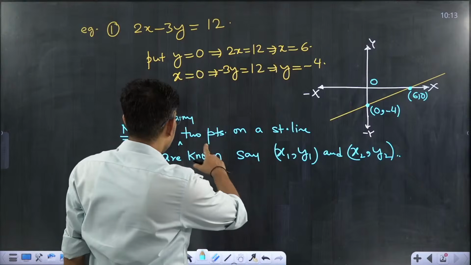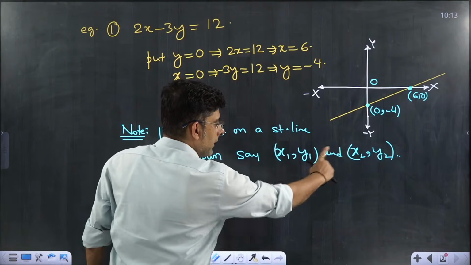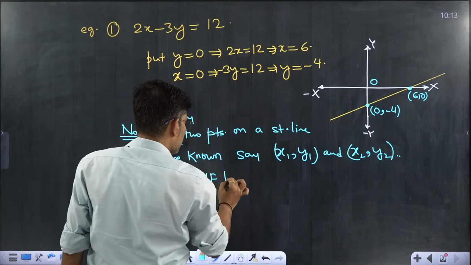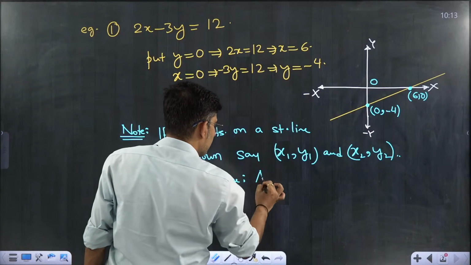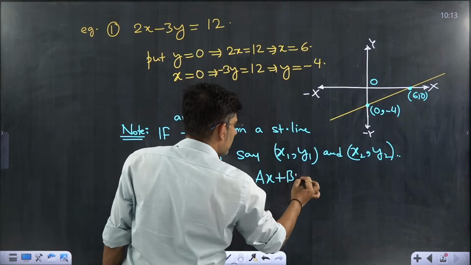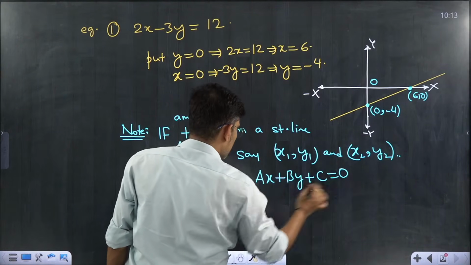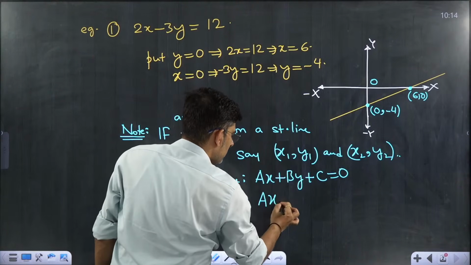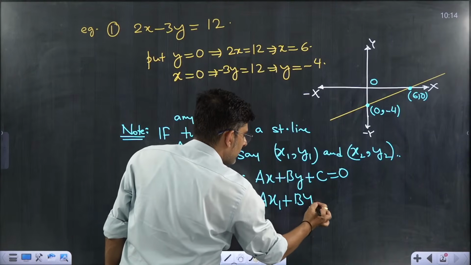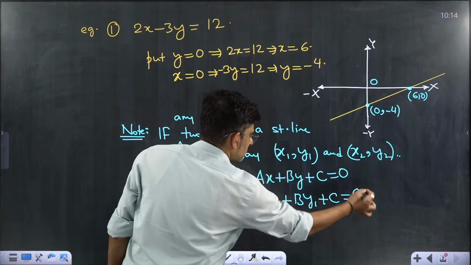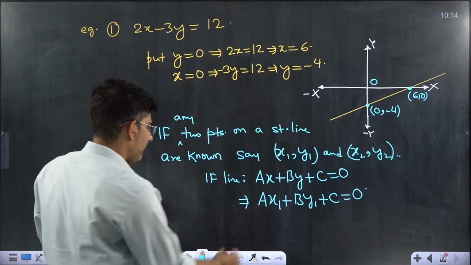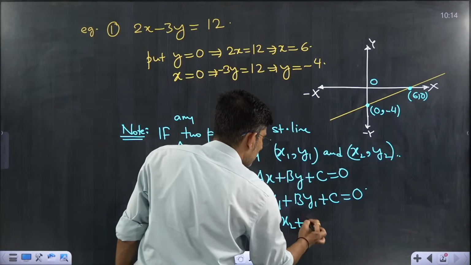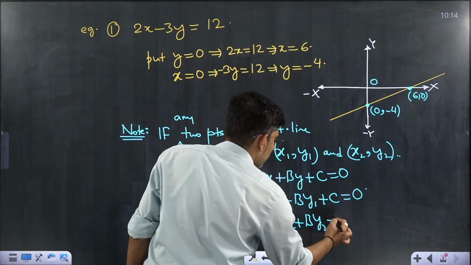How we find that? See, if 2 points on a straight line are x1 y1 and x2 y2, so what we just do, if we take the line equation as ax plus by plus c is equals to 0, first you will put for first point, put x as x1, y as y1. Then put x as x2 and y as y2.